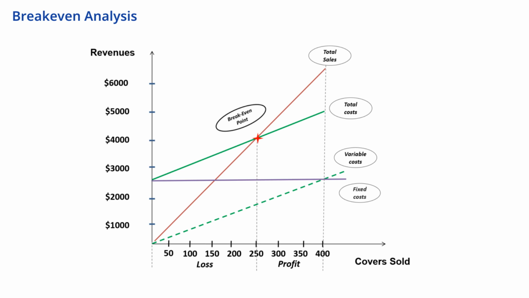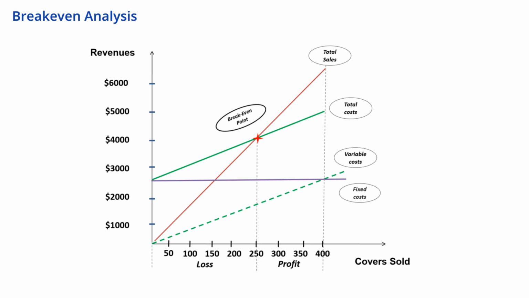A break-even analysis helps you determine how many items you need to sell in order to determine at what point you will break even. A break-even analysis is a financial tool used to determine the point at which a business's revenues exactly cover its costs, meaning there's no profit, but also no loss.